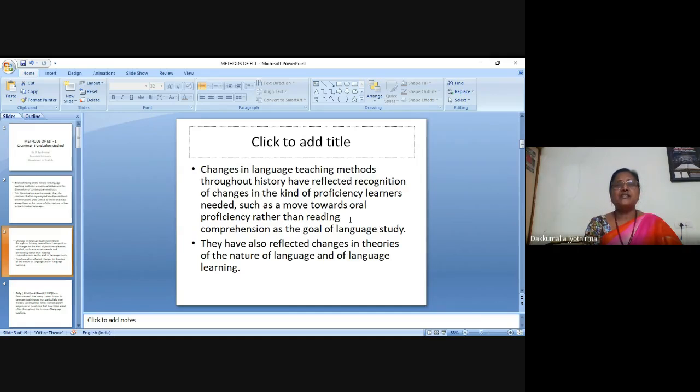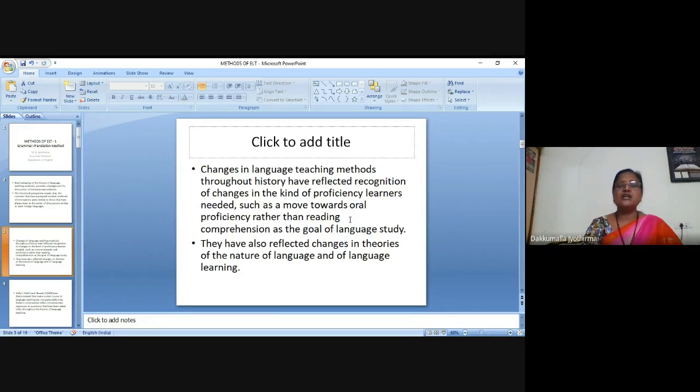But previously, when Latin was being taught in the schools, in spite of its absence in the society, when the language was not being spoken anymore, the focus was only on writing and then reading. And that was away from the usual aim of learning a language, that is, fluency in talking or proficiency.